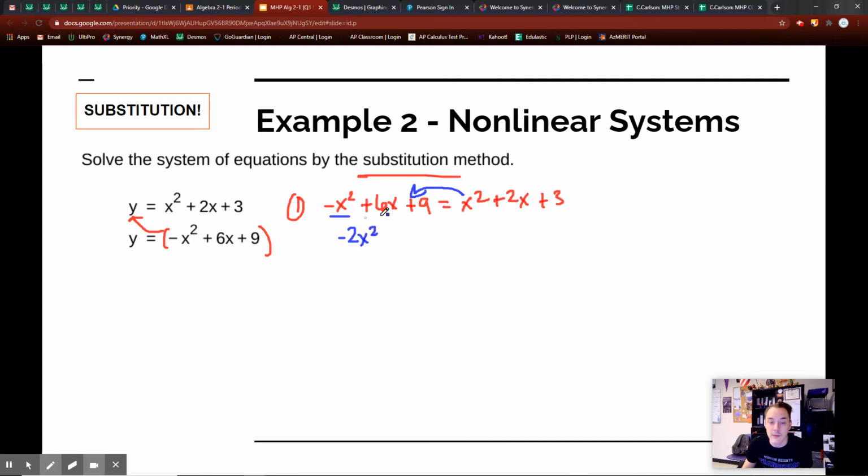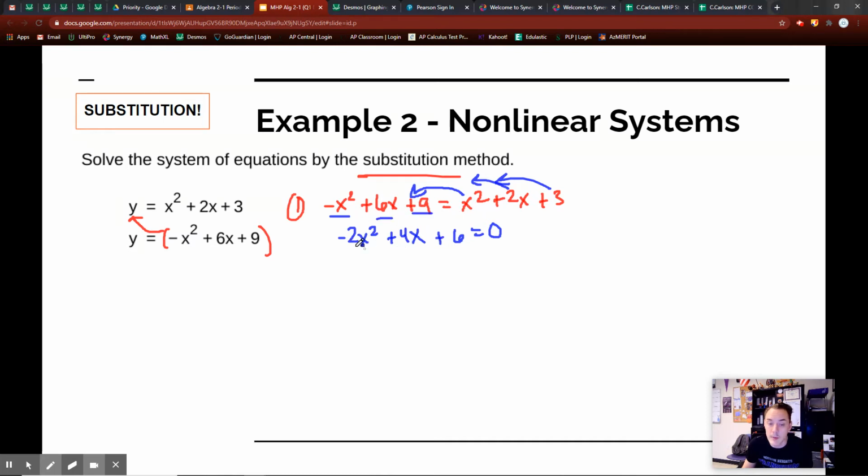If I move the 2x, so minus 2x, that will become positive 4x. And then if I move that over, that will be 9 minus 3, which is 6, equals 0. I know I did that fast, but we should know how to combine like terms by now. So just subtract everything over and combine like terms, all right?